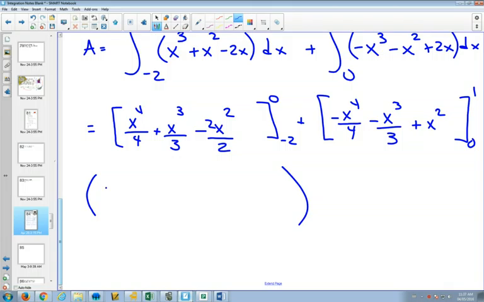In the first one, can you see when you plug in 0, you're going to get 0 all the way through. Minus, when you plug in -2, you're going to get 16 over 4 minus 8 over 3 minus 4.